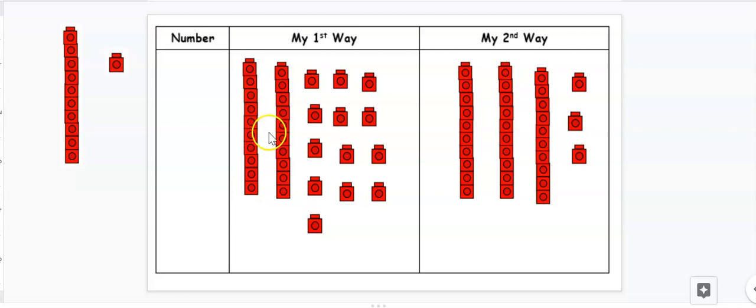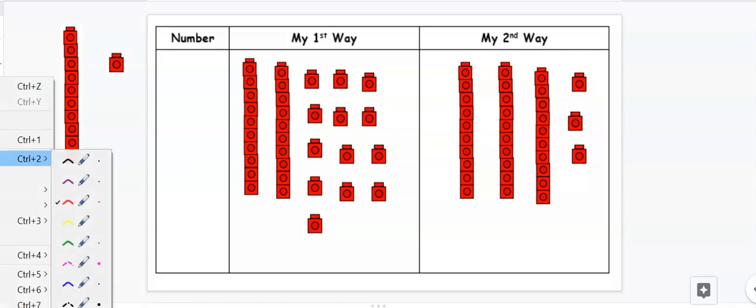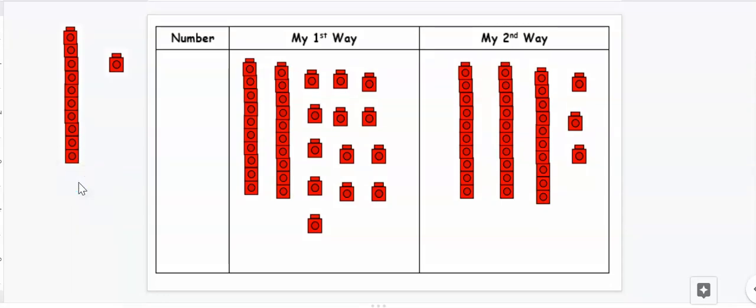So 10, 20, 21, 22, 23, 24, 25, 26, 27, 28, 29, 30, 31, 32, 33. So I'm thinking that maybe this number might be 33.